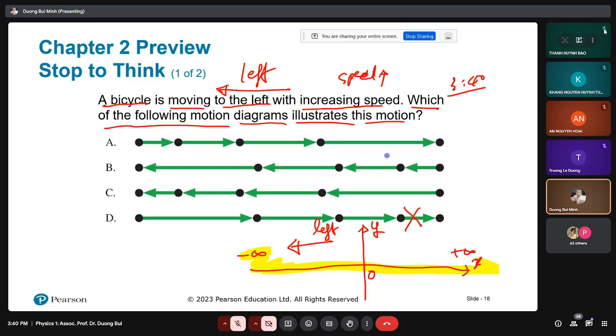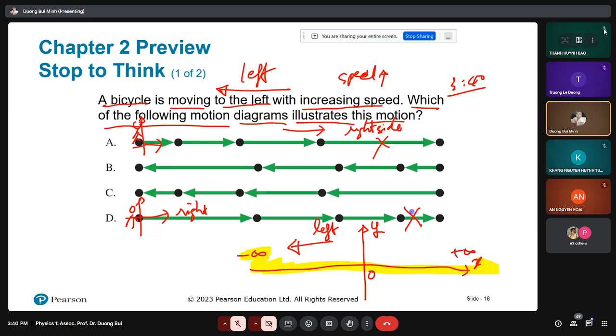Because if we follow this arrow, you need to stay here, that means the origin will be here, and then you move to the right. And if you follow the direction of the arrow, we also come to the right side, so we delete it. So maybe it's answer B or answer C, they are possible to become the answer.